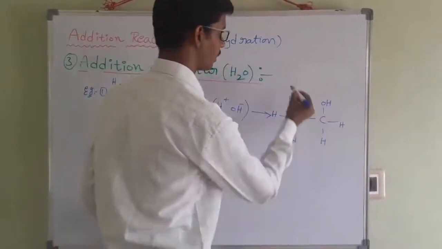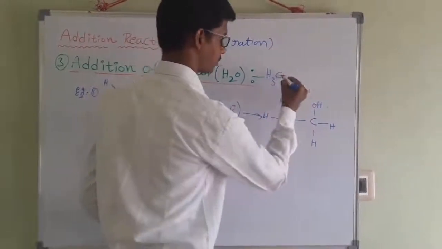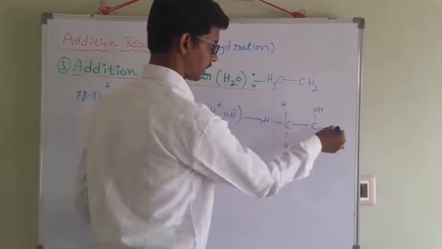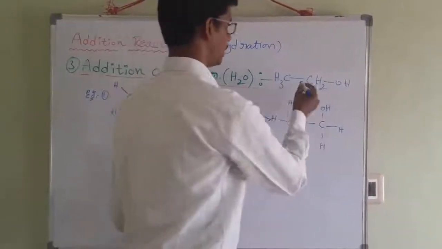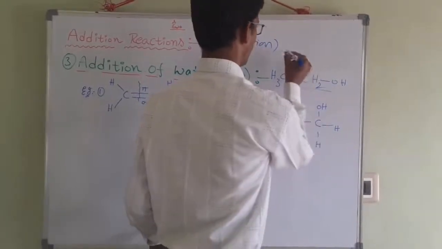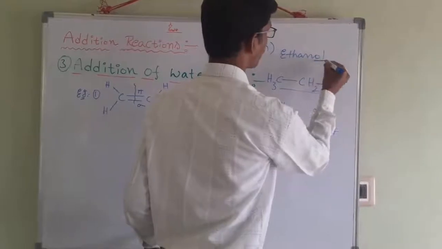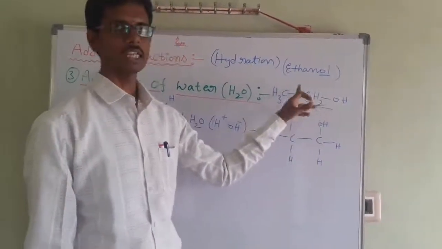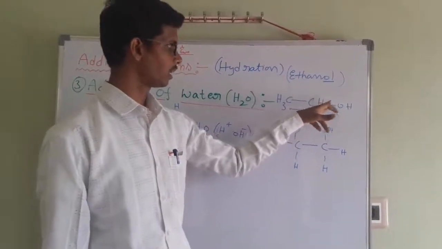This is also written as CH3, CH2, OH. The IUPAC name of the compound is ethanol, because it belongs to the alcohol series. 1-ethanol is the correct IUPAC name, or simply ethanol, because there is no need to represent 1.